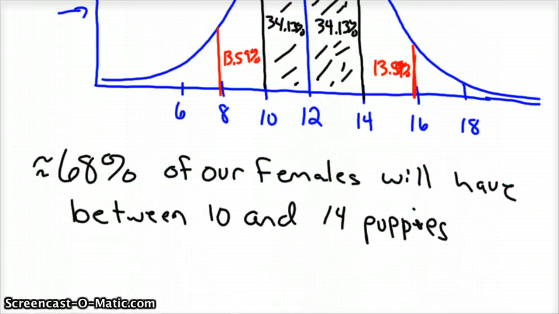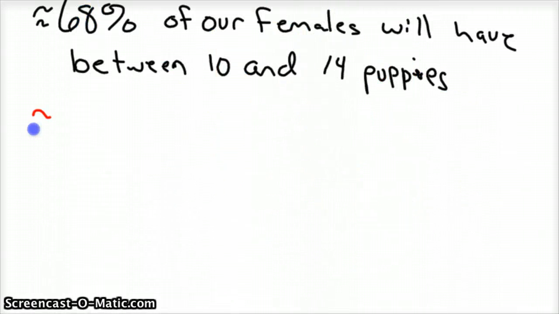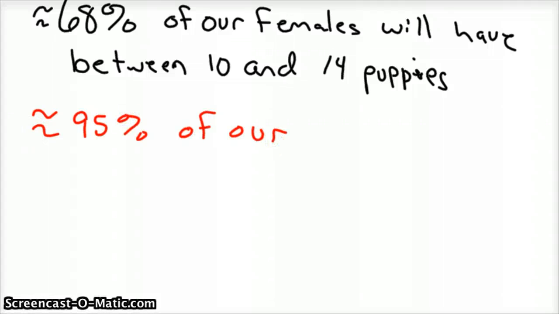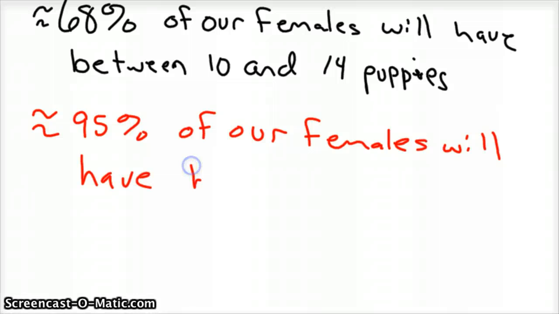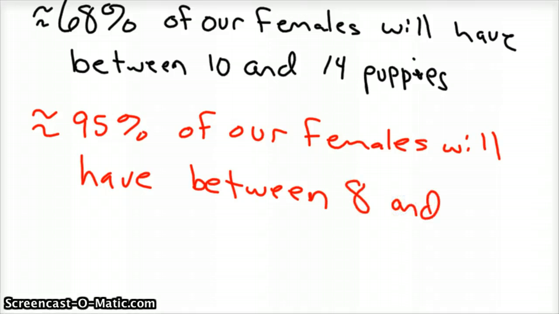So similarly, about 95% of our females will have between 8 and 16 puppies. So 95% of our females are going to have between 8 and 16 puppies.